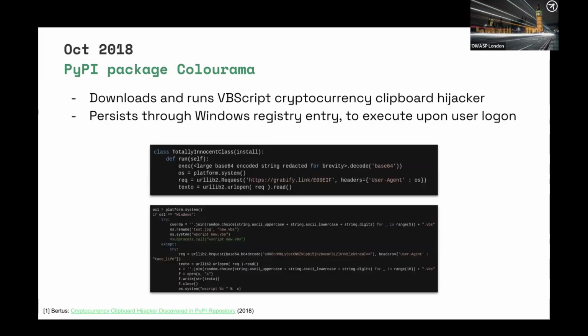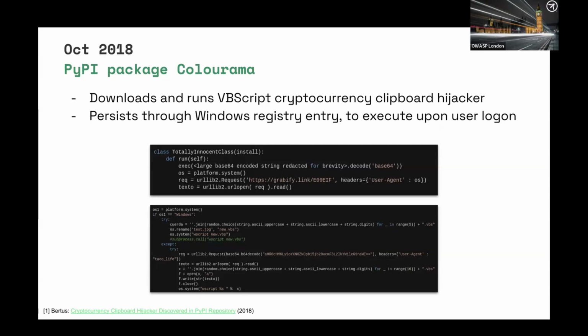This one here, I like, I kept this just because I'm speaking here in London. It was one of the earlier typo squatting attacks, and they took benefit from the fact that you write colorama or color a little bit different than our friends from the US. So the legit package was colorama with just an O, and then the typo squatting attack was basically colorama with a U, like you spell it.